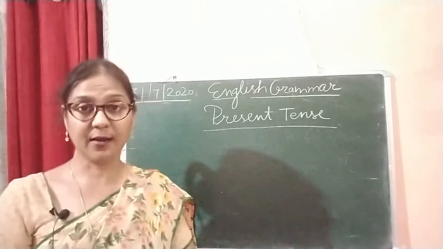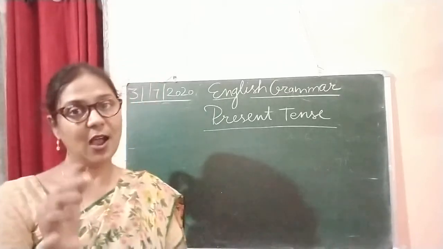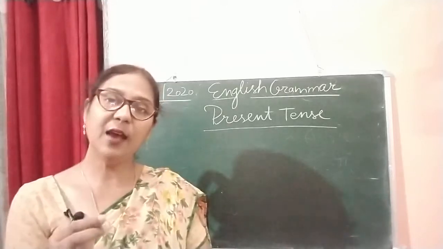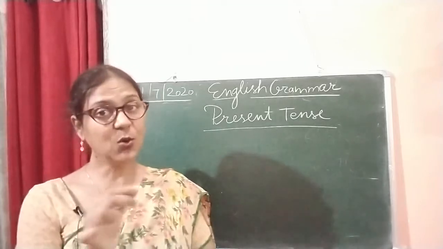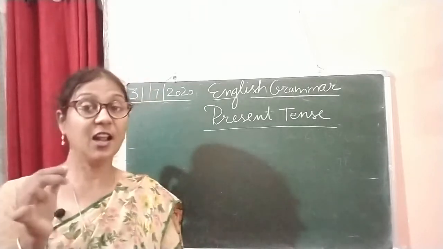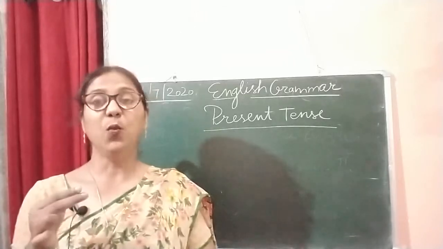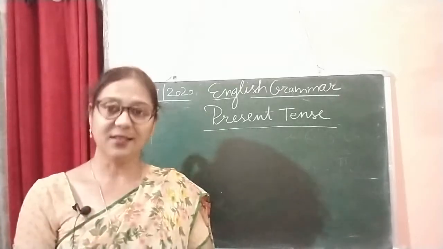She goes to the market. She goes now because it is the singular subject, so that is why we are using s over here. So this way we can understand what present tense is. Whatever we are doing in the present, that is called present tense.